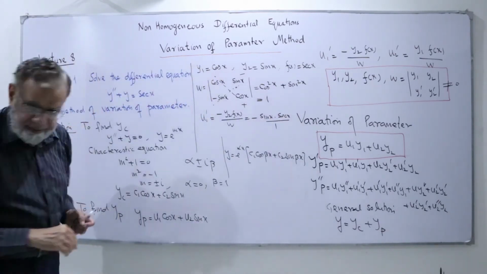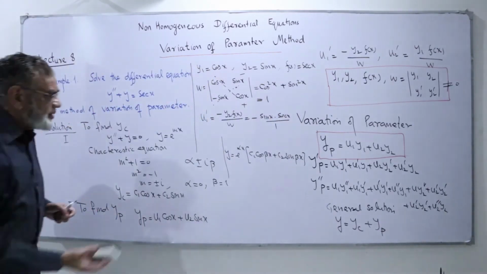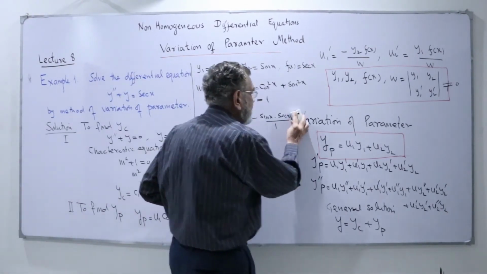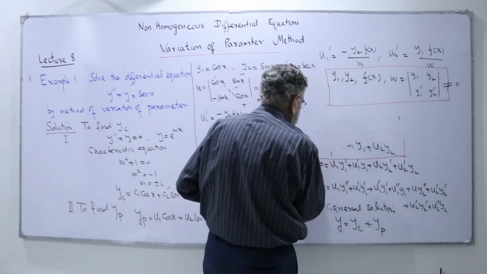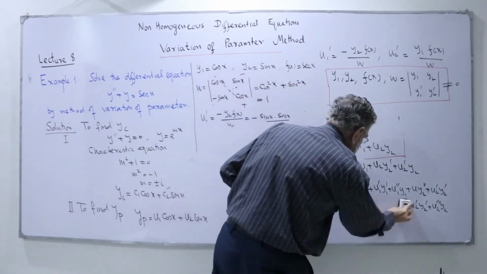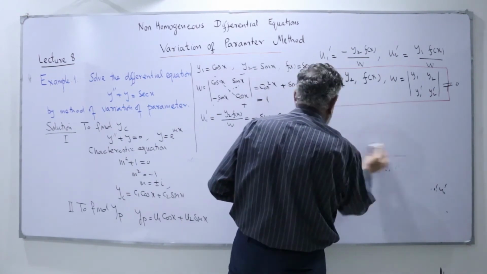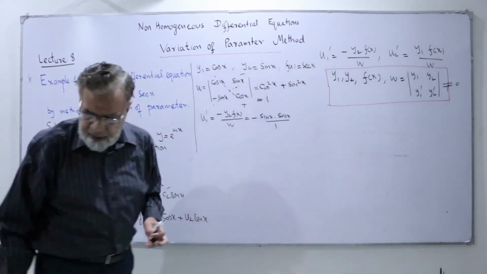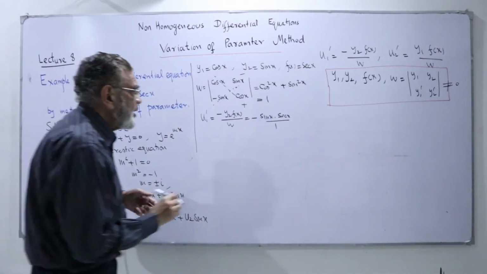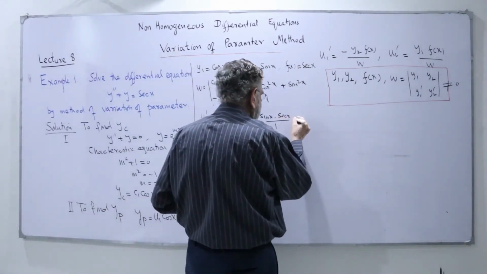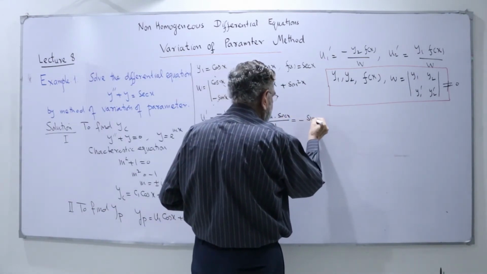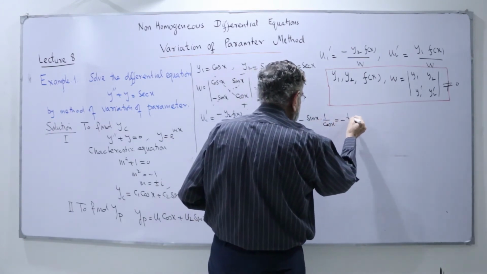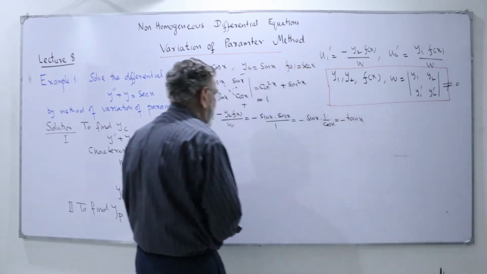We can use this and just clean the board so that we can use the space for writing the solution of our problem. We know secant x is 1 upon cosine x. So this is equal to minus sine x into 1 over cosine x, and this is equal to minus tangent x. So that's my u1 dash.